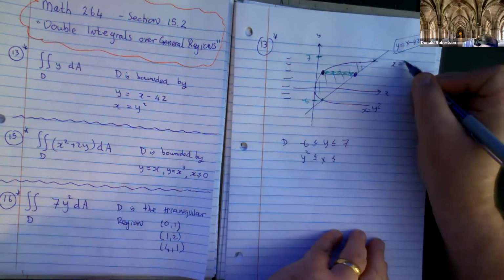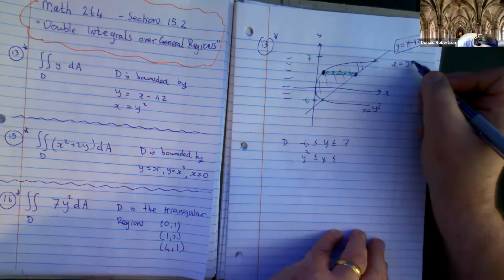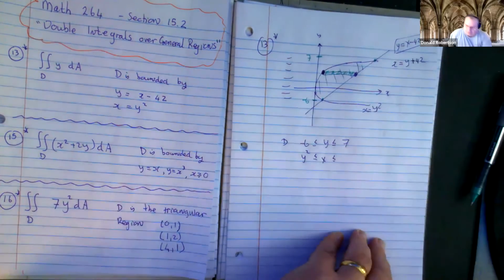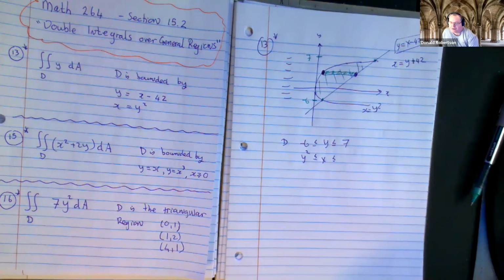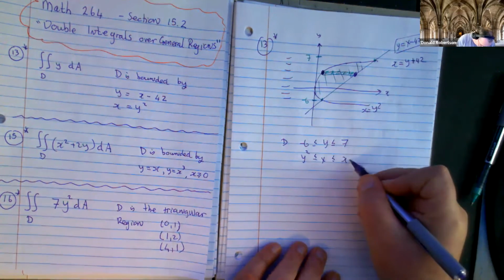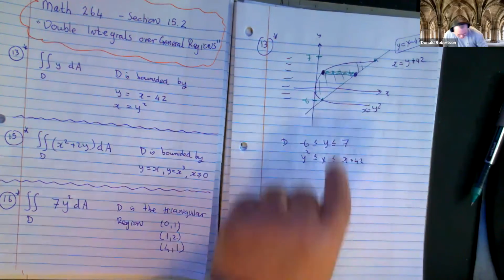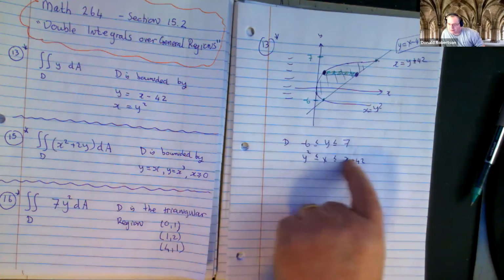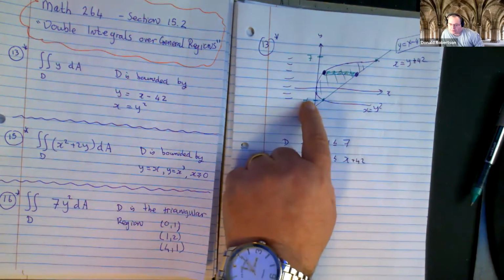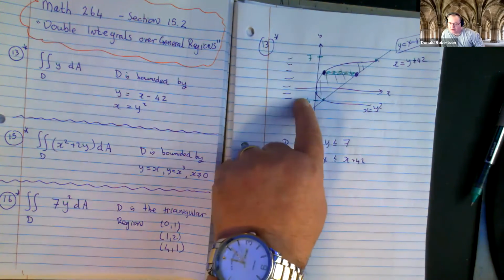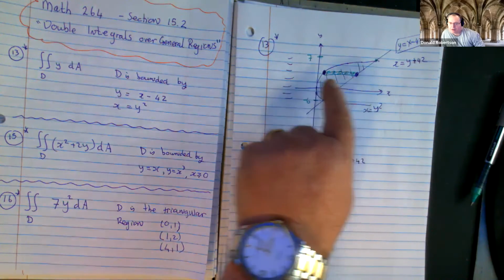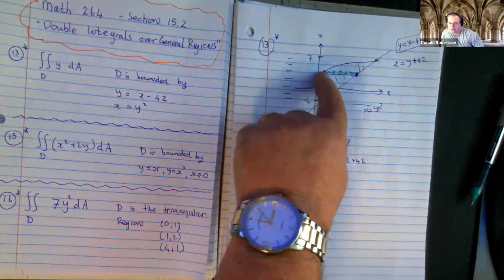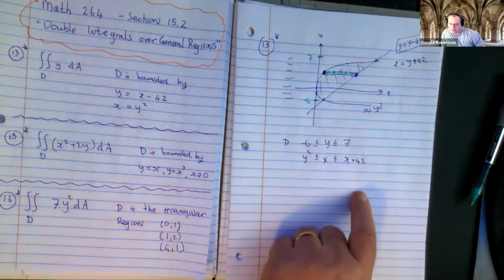I have to rewrite that. Are you comfortable with x equals y plus 42? Are you now happy with how this region is described by these values? Y going from -6 to 7, and x going from y squared to y plus 42.